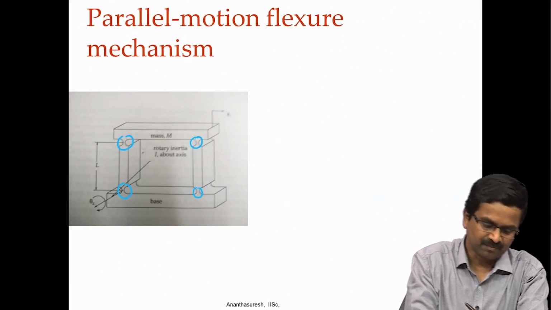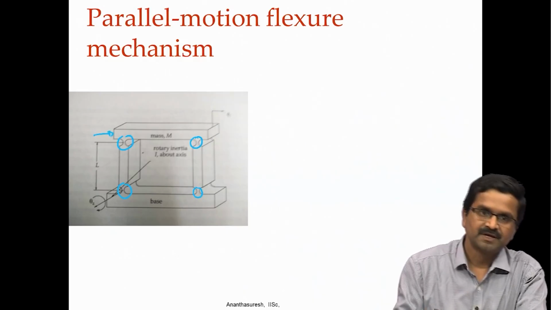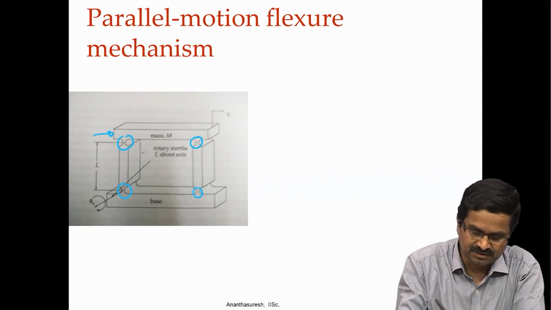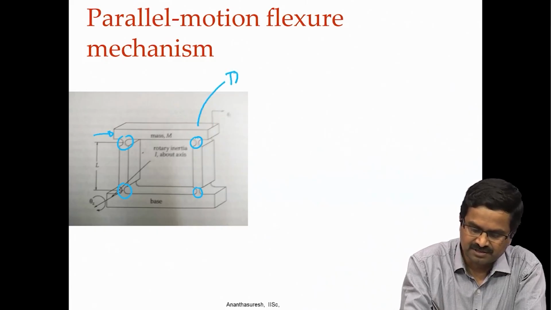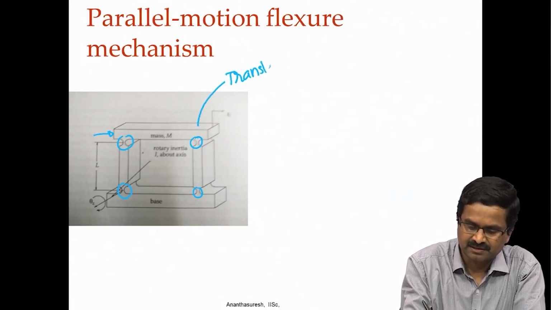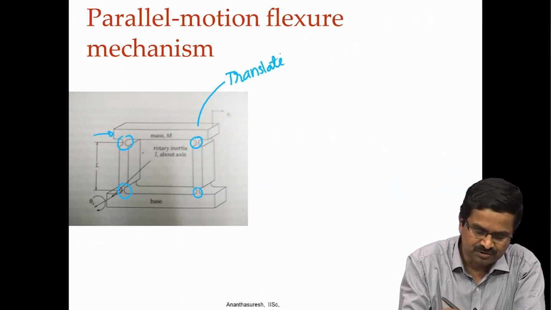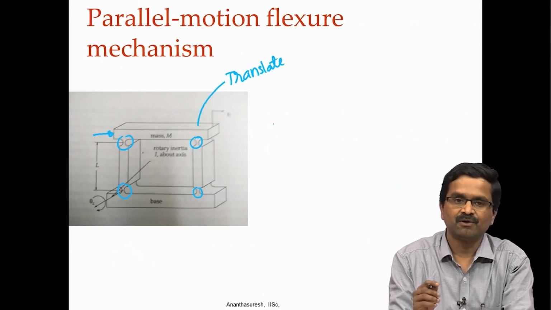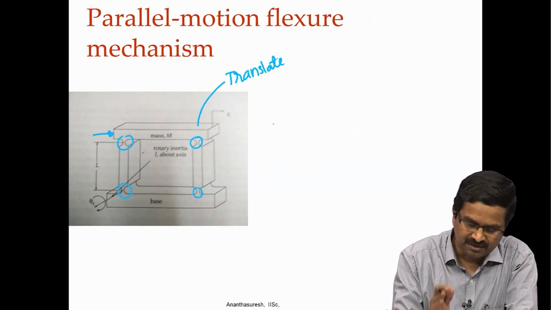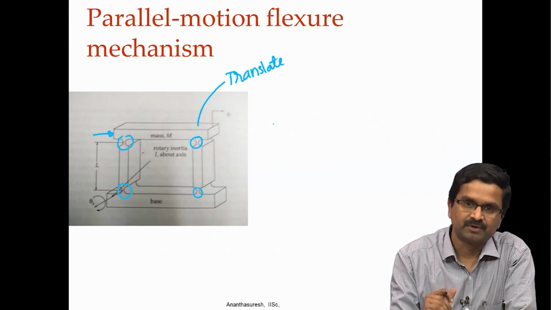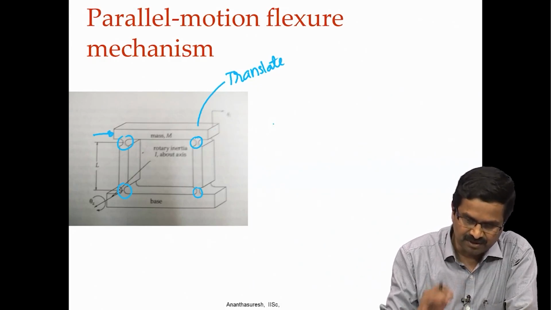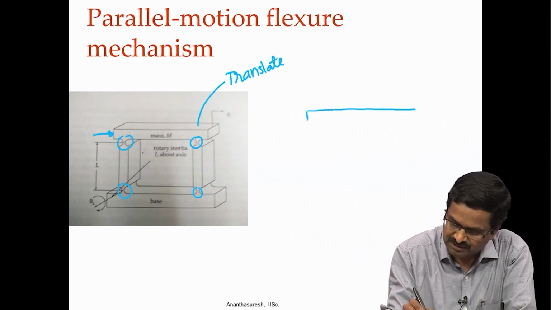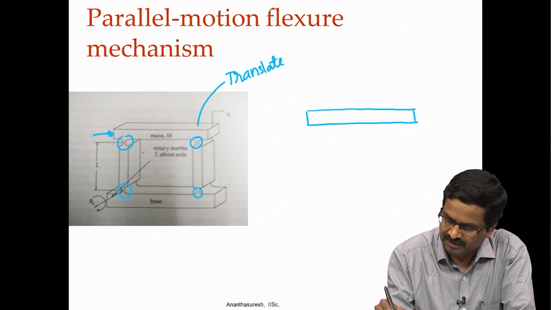So, here if I apply a force in that direction, this block at the top is going to only translate. If I apply a force in this direction, it is going to translate in that direction, but there will also be a little bit of motion in the perpendicular direction, but no rotation. Okay. So, this one we can also do like this, it is a 2D one.